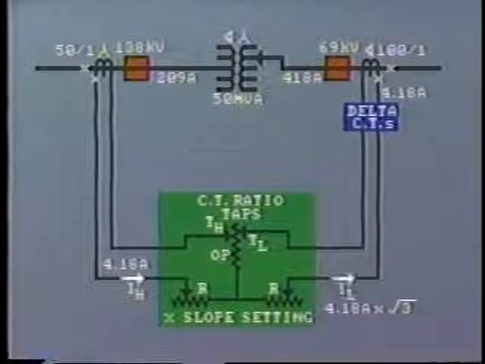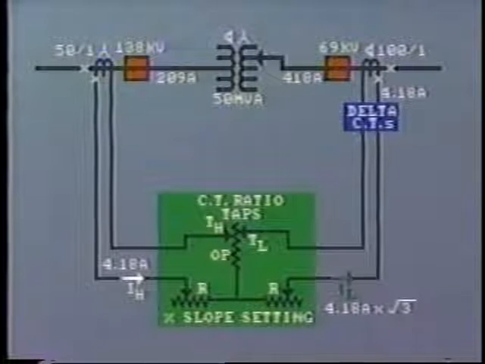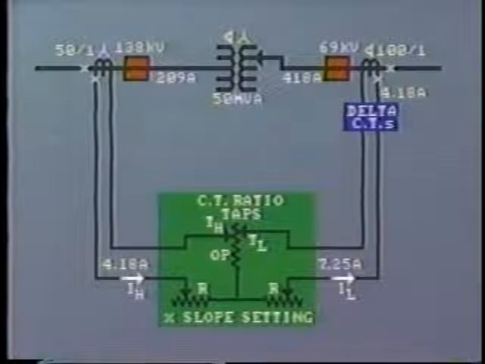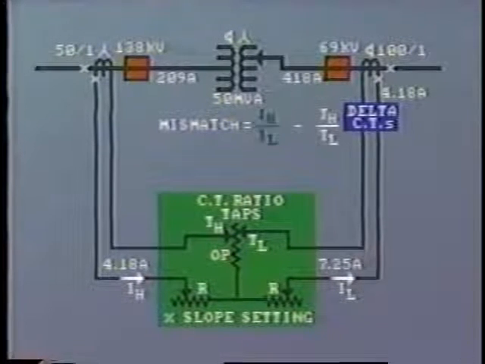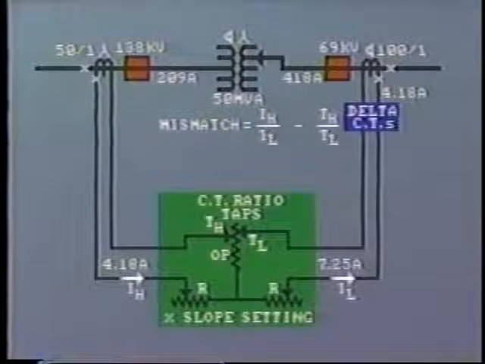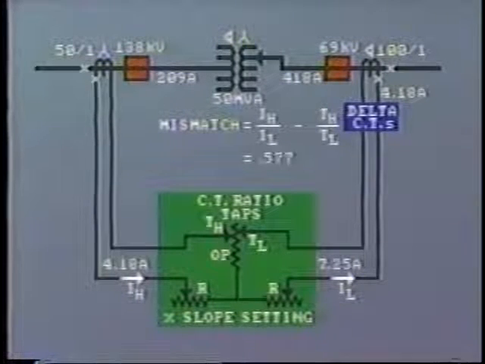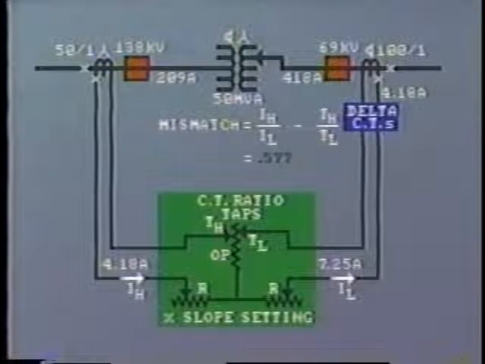Therefore, the current in the secondary restraint coil is equal to 4.18 times root 3, which equals 7.25 amps. The ratio between these two, IH divided by IL, equals 4.18 divided by 7.25 equals 0.577.